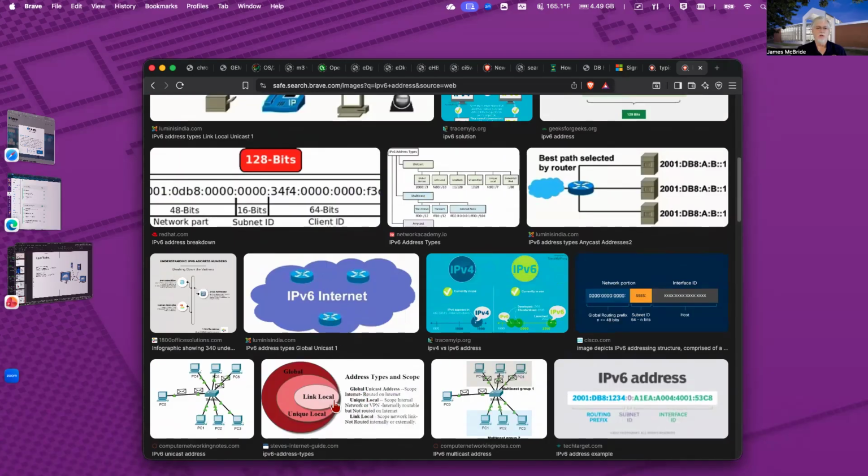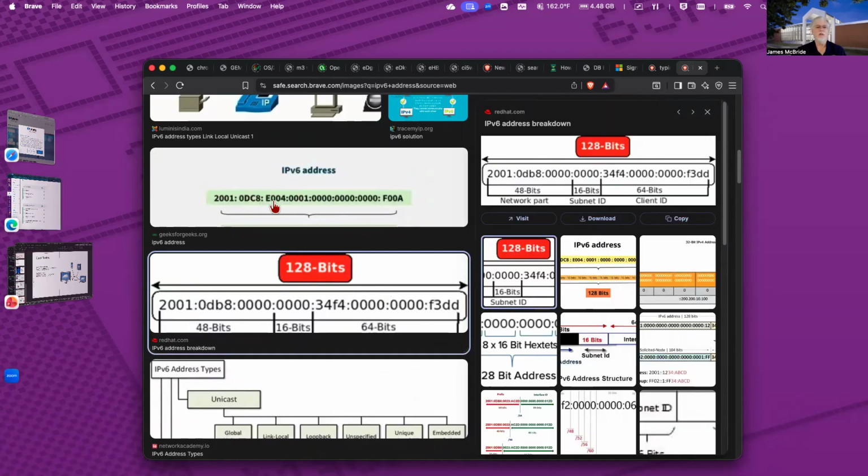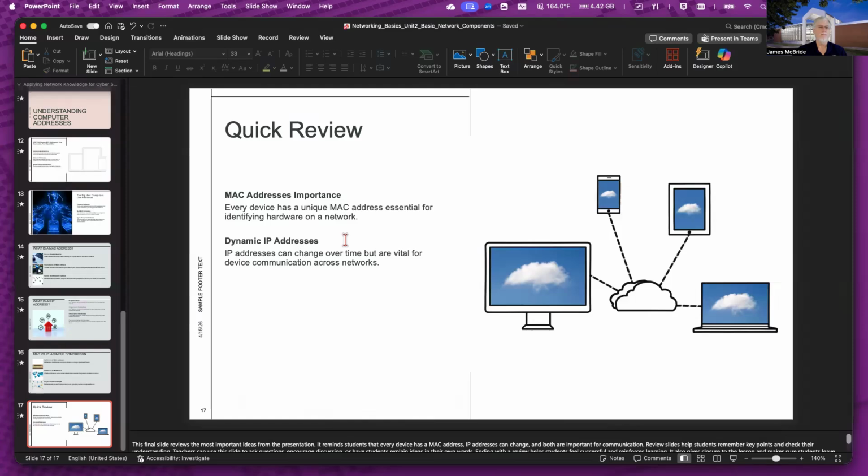This is an IPv6 address. It's like, wow, that's a huge number. It looks so complicated, but almost all of this is automatic, and you don't actually have to type in this whole number to do things like look things up. So IPv6 looks more complicated, which it is, but because it's more automatic, it does a ton of stuff for you that you do not have to worry about.